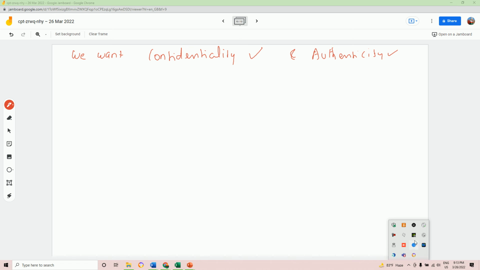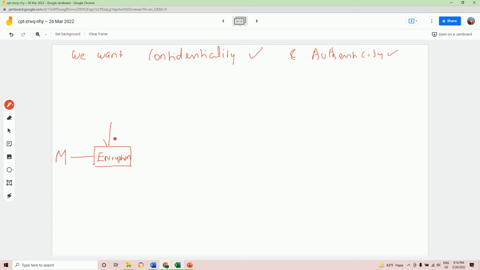Okay, we will work that now. Now we want both the confidentiality and authenticity. So what we have to do, we have to use both the key pairs. Message, okay, there will be two encryptions. So this is encryption number 1.